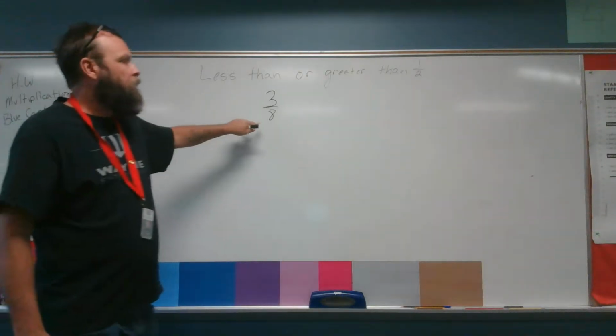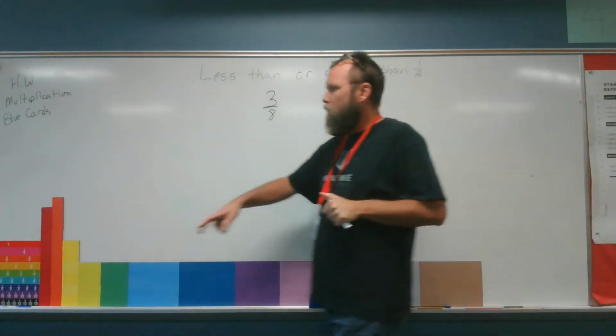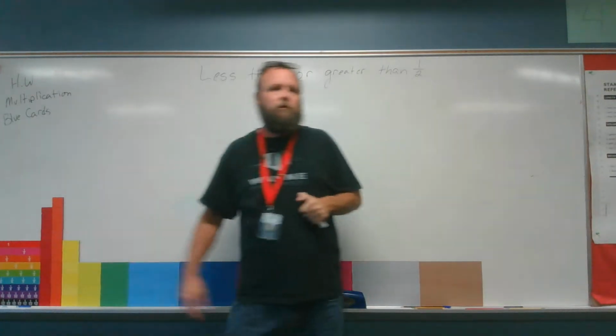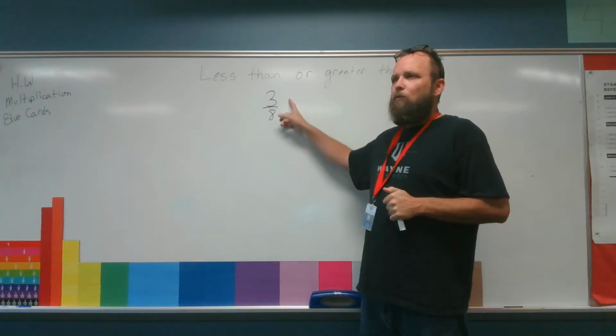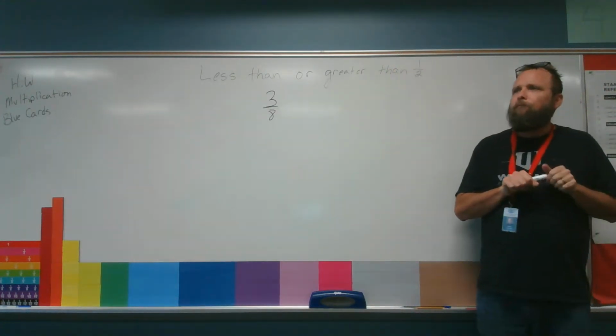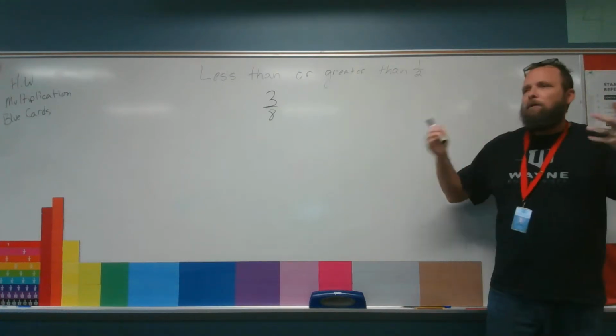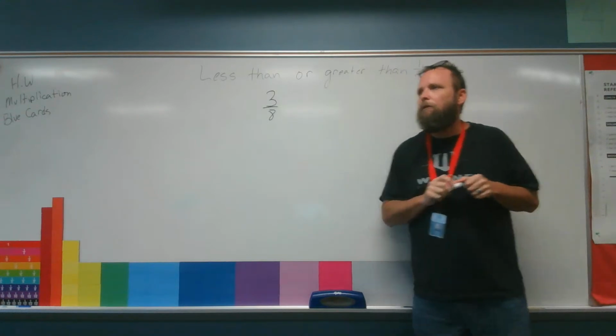Okay. So when the denominator is bigger, the pieces get smaller, and you can tell by looking at this one over here. And you said half of 8 is 4, and what does that mean exactly? I mean, I know half of 8 is 4, but how does that help us in this particular manner?